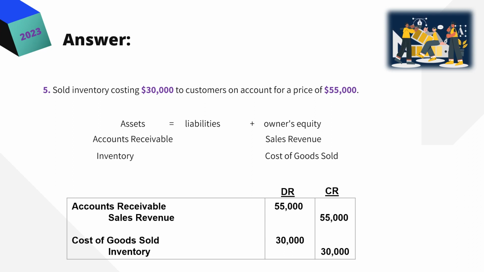Now let me ask this question that I asked before. What was the net change in total assets as a result of this single transaction? Well, if you look at your assets, you had an increase of 55 in receivables, but a decrease in inventories of 30. The difference, or increase in our assets, was $25,000. Why did we get that $25,000? We got it because we sold something at a higher price, or made a profit.